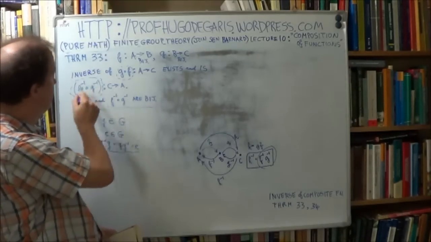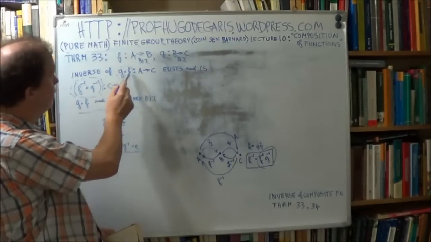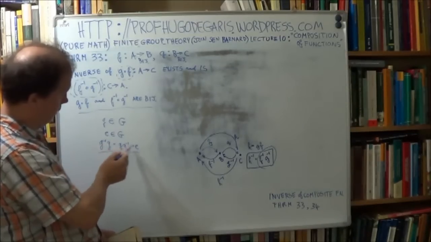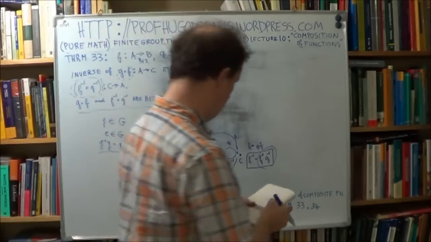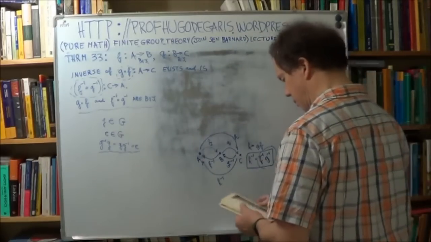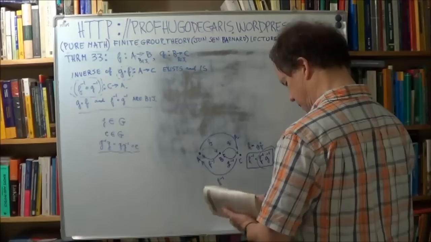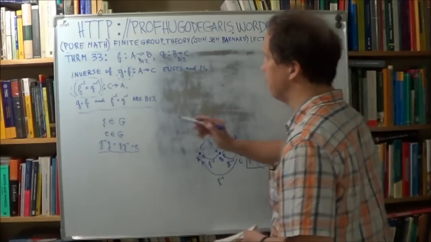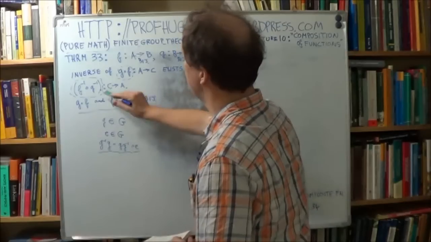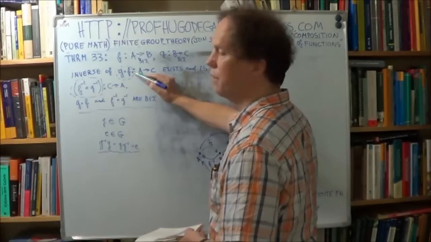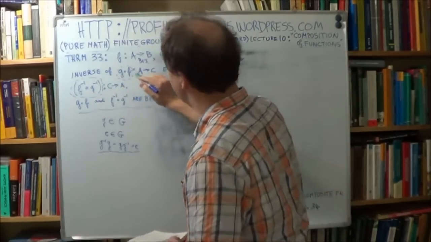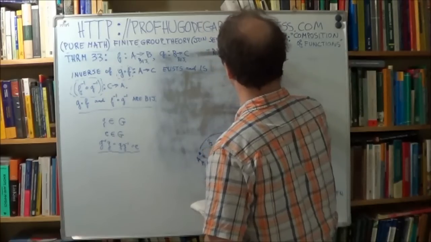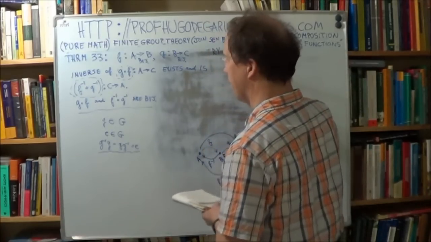If we're going to prove that this is the inverse of that, we need to get something like that. So what we have to prove is that this applied to that cancels, that this cancels out that. So try to prove something like this.